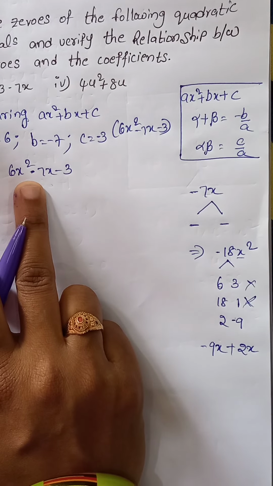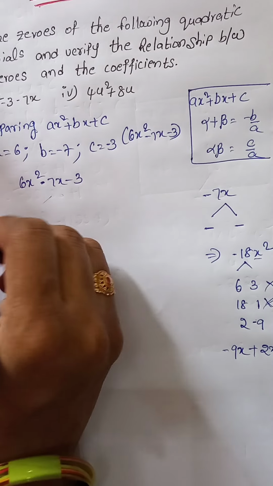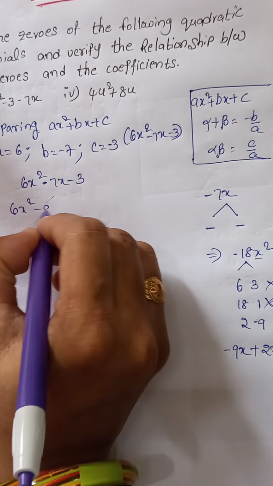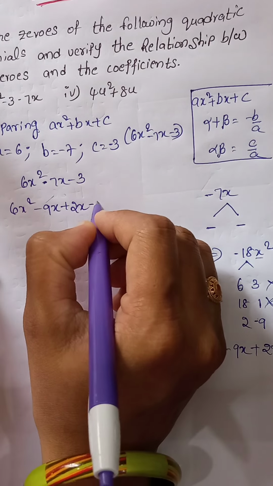So we can write in place of minus 7x, minus 9x plus 2x. So 6x square minus 9x plus 2x, and here we have minus 3, the constant term.